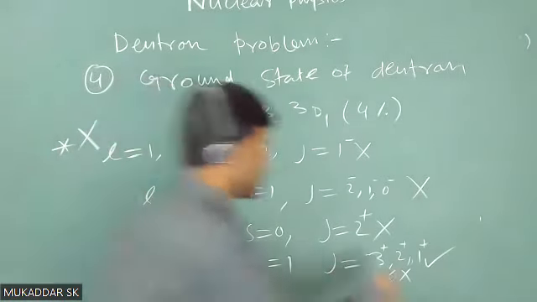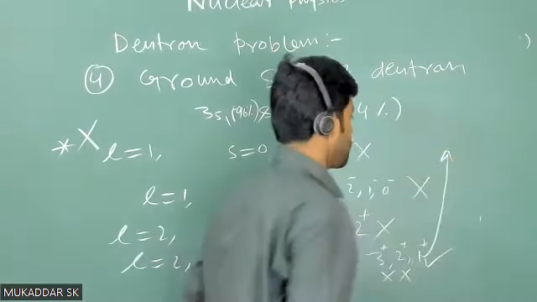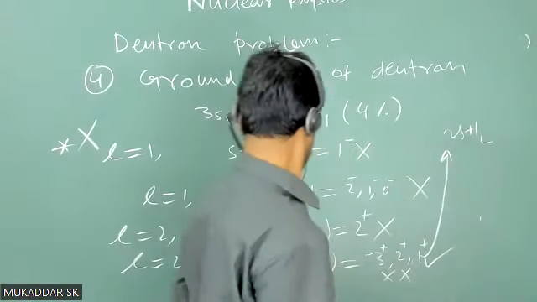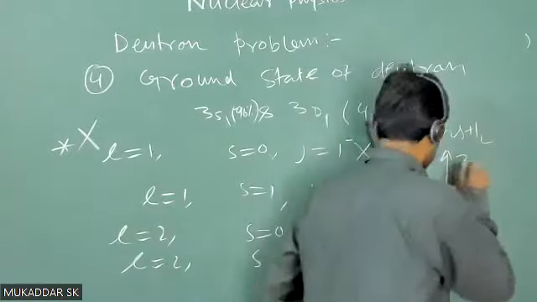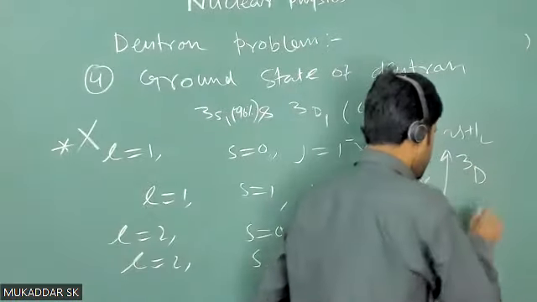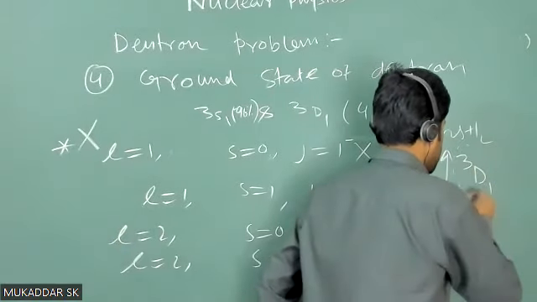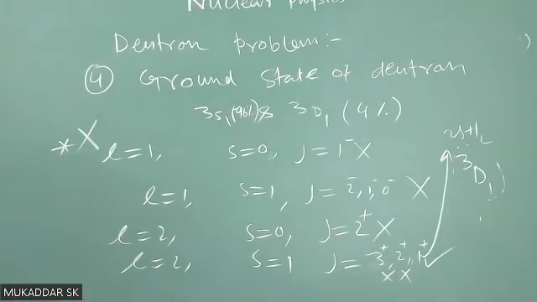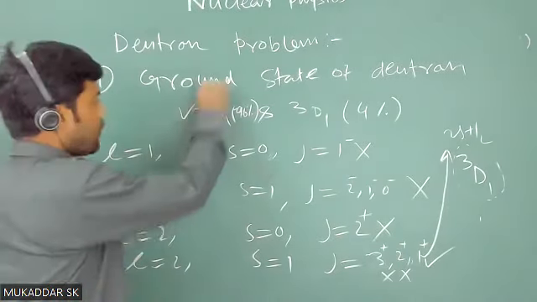For such a spin, what will the term be? 2S+1 is again 3, L is 2 which gives D, and J is 1. So these are the possible ground states for the deuteron: 3S1 and 3D1.